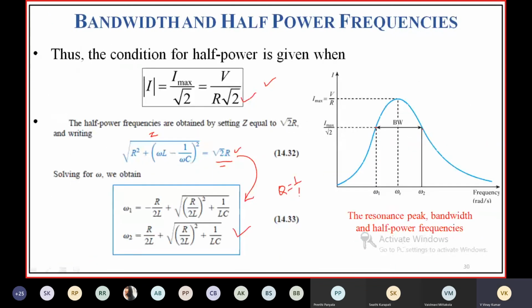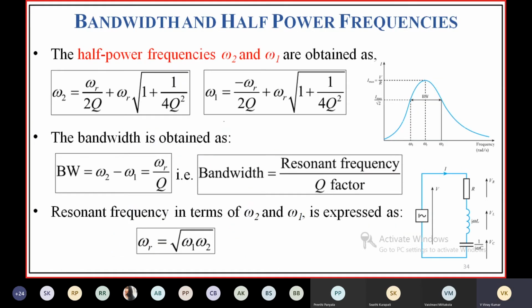So 1 by R root L by C. So by using these two equations, we are going to get W1 and W2 in terms of Q factor. You know bandwidth is equal to W2 minus W1, which is equal to WR by Q.